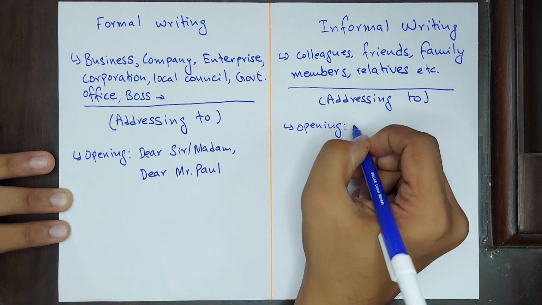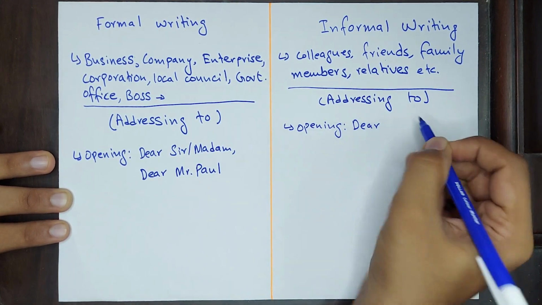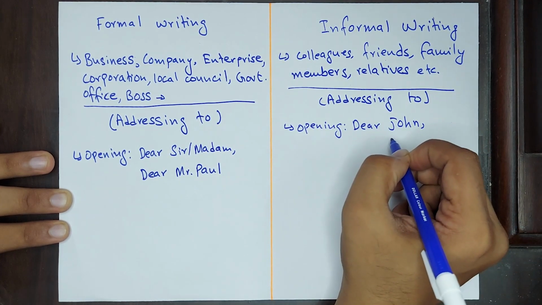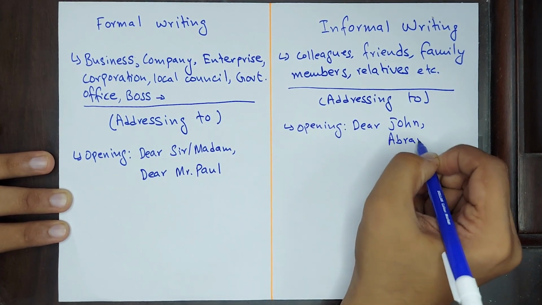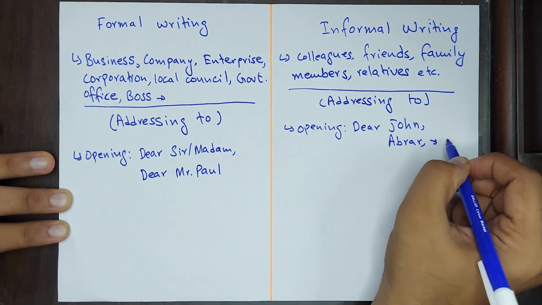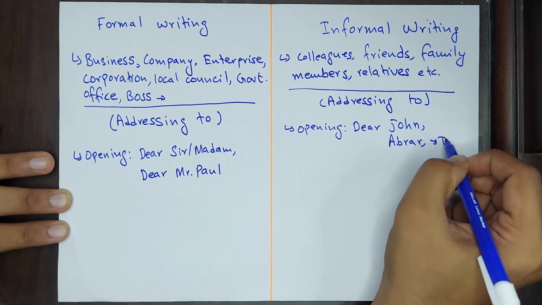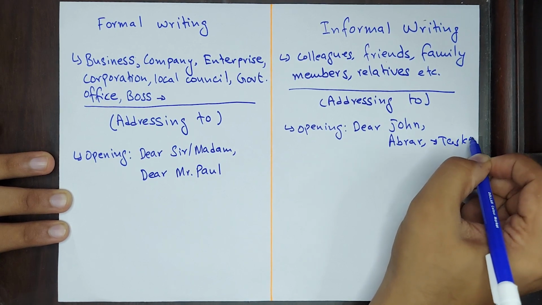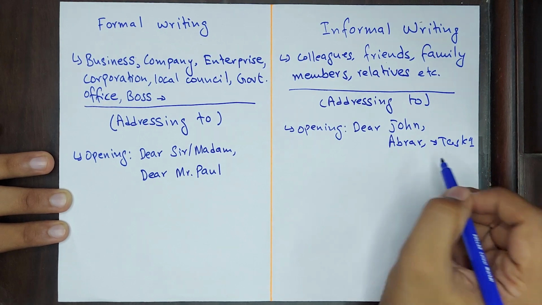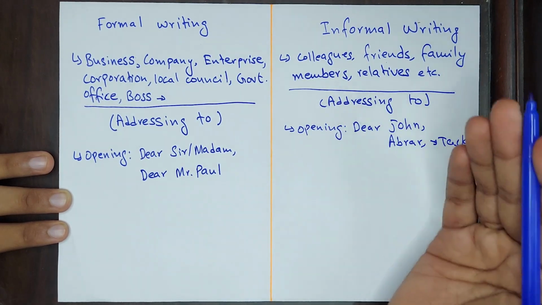You can simply say the name of the person, "Dear John," "Dear Abrar." My friend's name is Abrar. This is basically the exact same name I also used in my writing task 1. So I actually used "Dear Abrar," and it could be any name, any religion, anyone.